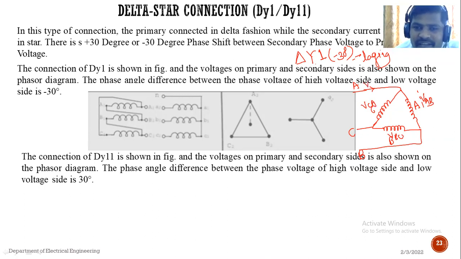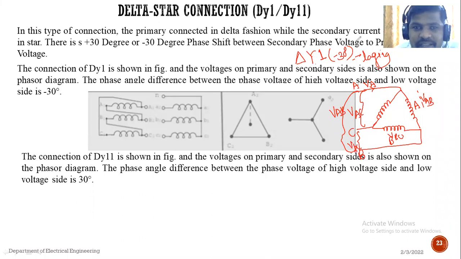These are the line voltages. Line to line voltage: A to C, A to B, and C to B. So this is VAB voltage, this one is VAC or VCA voltage, and here it is VBC voltage.